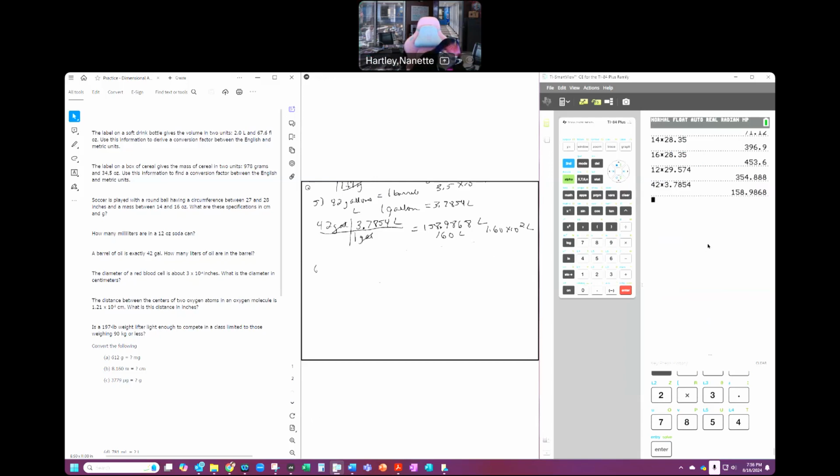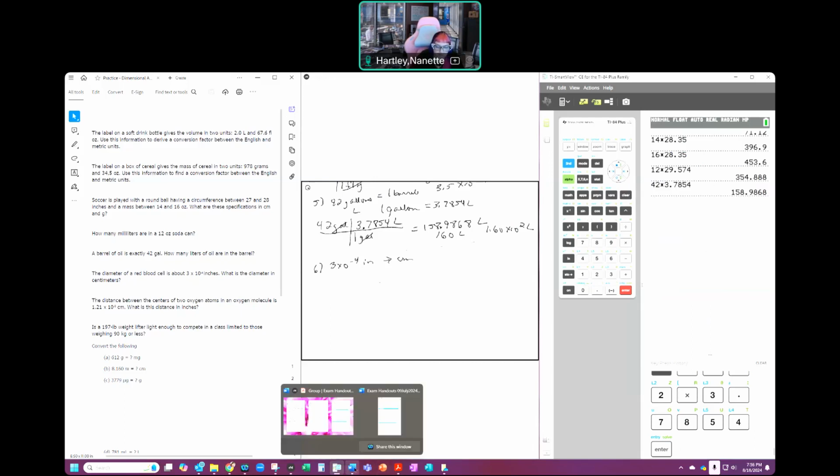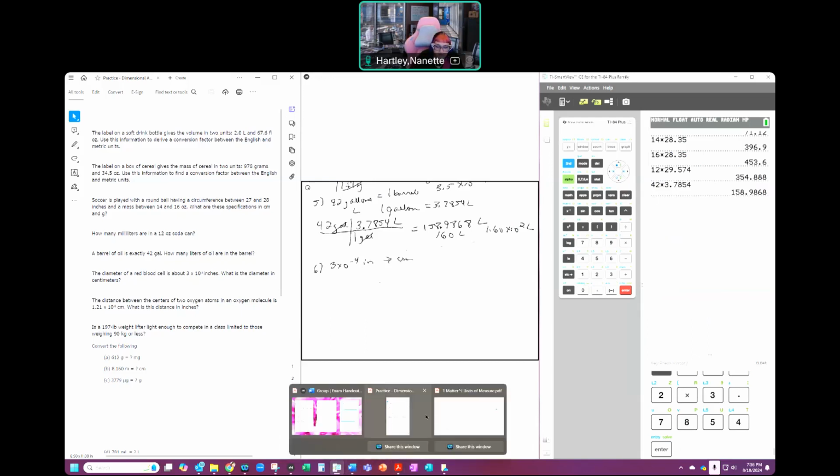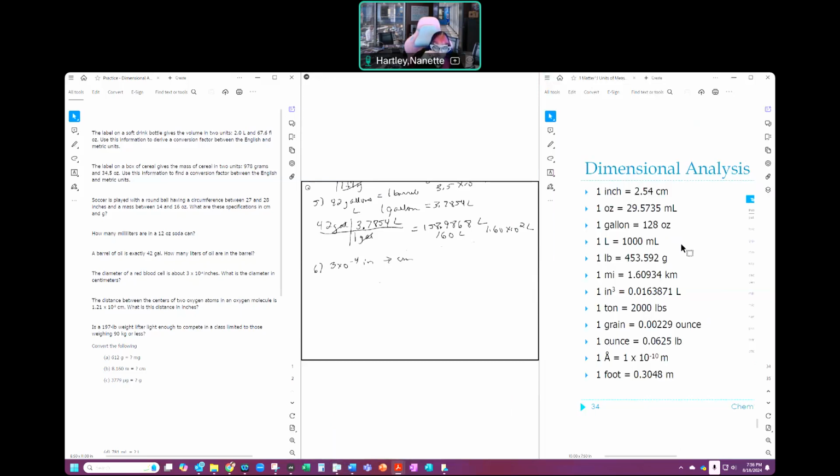Let's talk about number 6. 6 says the diameter of a red blood cell is about 3 times 10 to the minus 4th inches. What is this diameter in centimeters? Well, I know that I had something for this, and I'm actually pretty sure I know what it is, but let's see if I can find it again. So 1 inch is 2.54 centimeters.